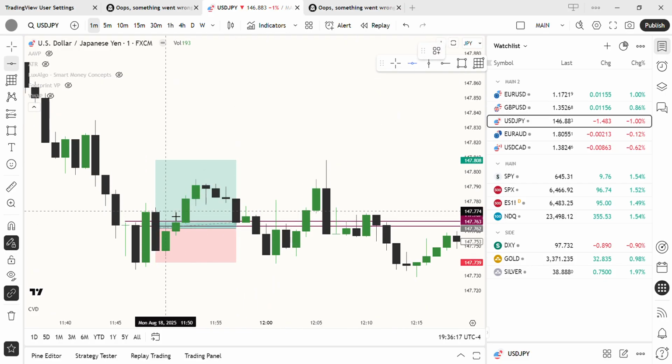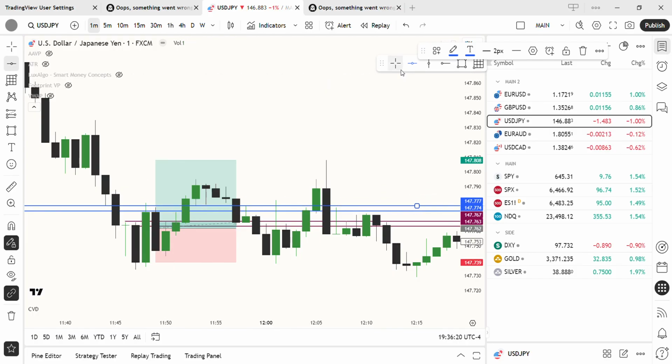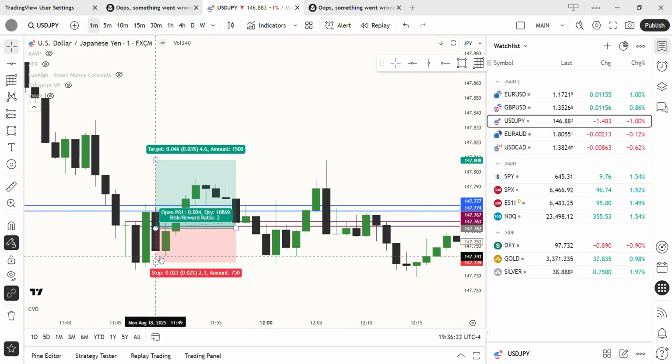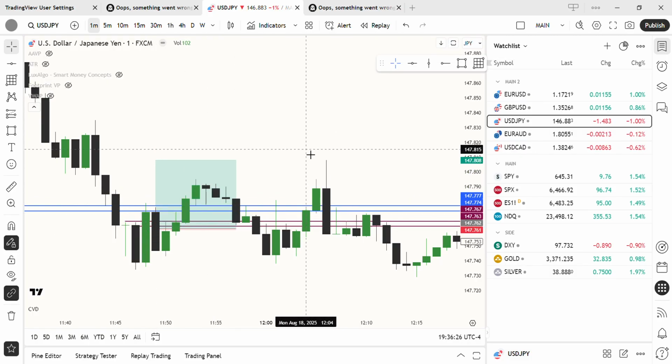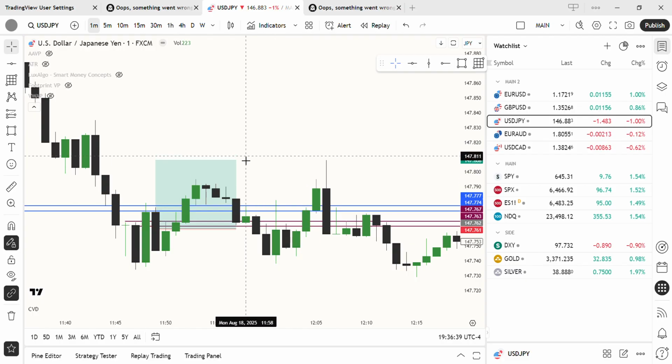Right here. And bam. This closed above this wick, so I would have moved my stop. So it's a break-even trade for the 18th. For a class B setup, it looks like. Yeah. Would have hit it over here if I waited for this.